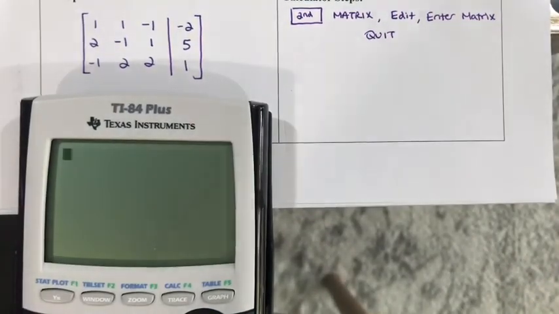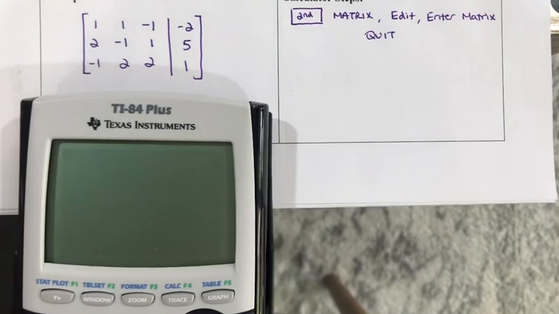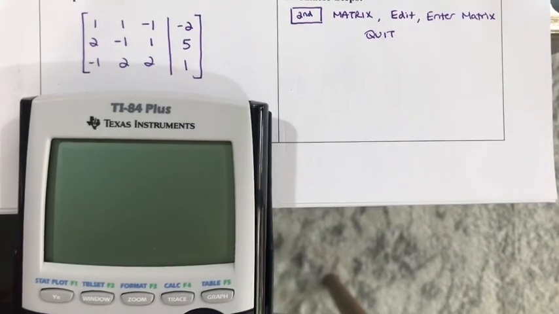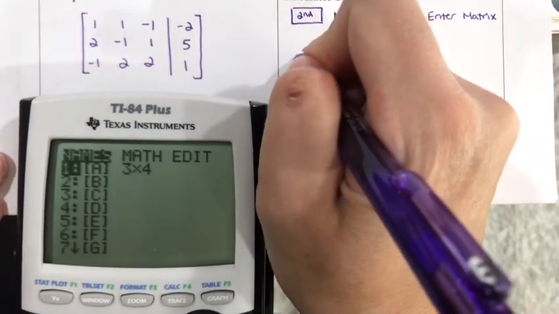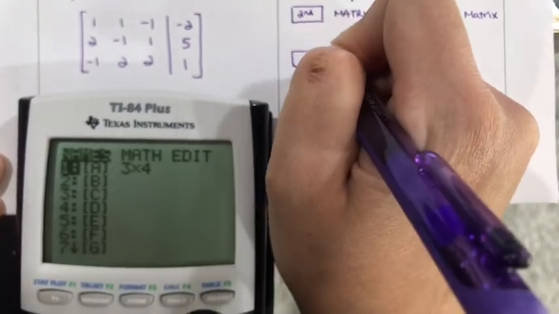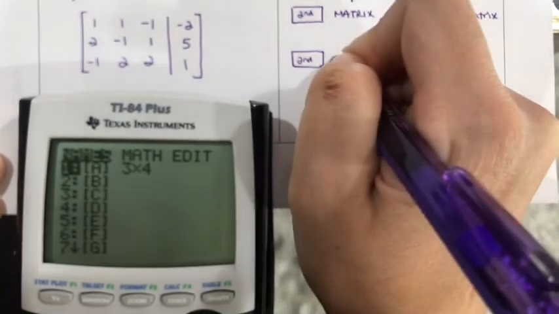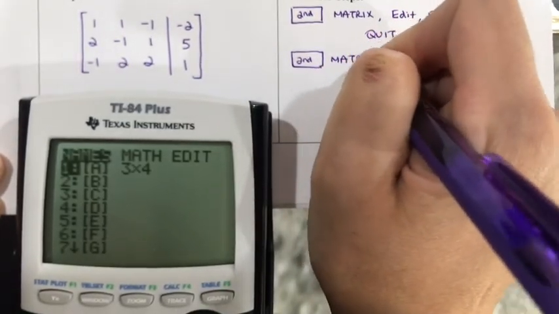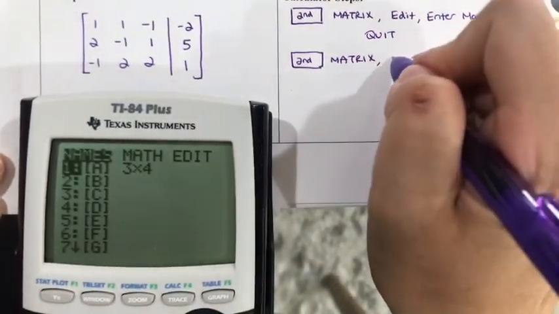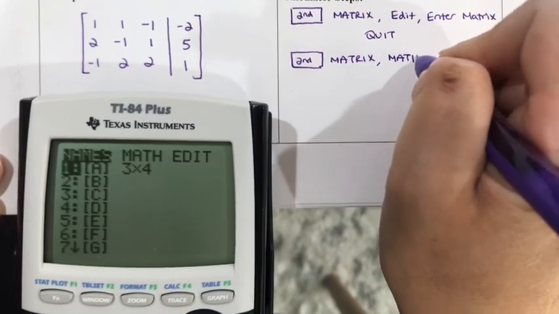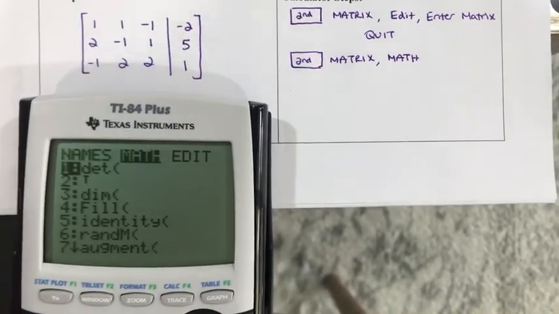Okay, so now we're gonna go back into the matrix menu. So second matrix. This time we're gonna go to math, which is that second column.